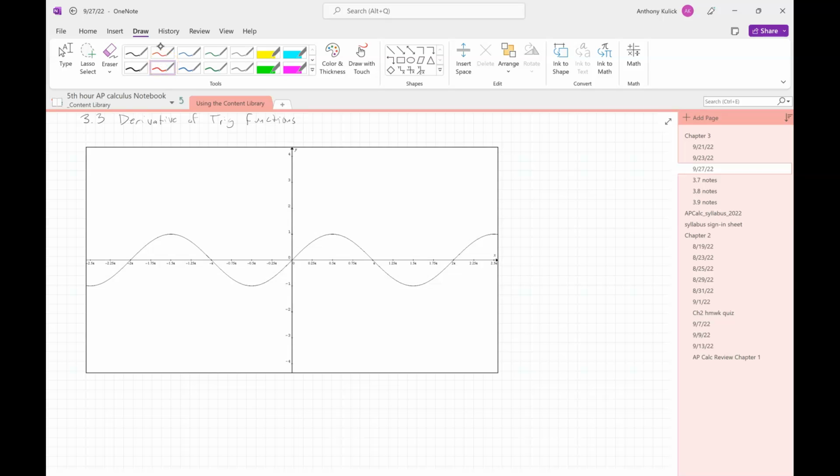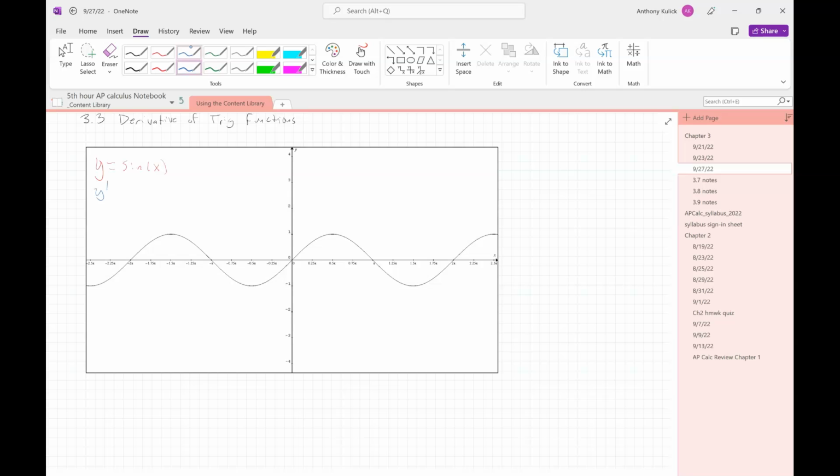Let's think about what its derivative is. Let's start with the graph and see if we recognize something.